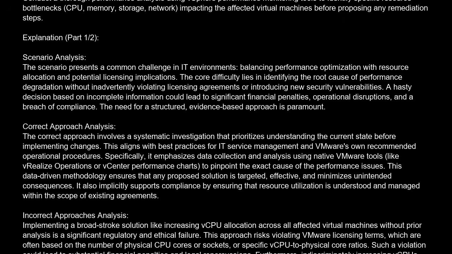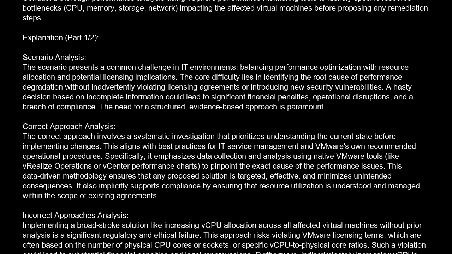Specifically, it emphasizes data collection and analysis using native VMware tools like vRealize Operations or vCenter performance charts to pinpoint the exact cause of the performance issues. This data-driven methodology ensures that any proposed solution is targeted, effective, and minimizes unintended consequences. It also implicitly supports compliance by ensuring that resource utilization is understood and managed within the scope of existing agreements.